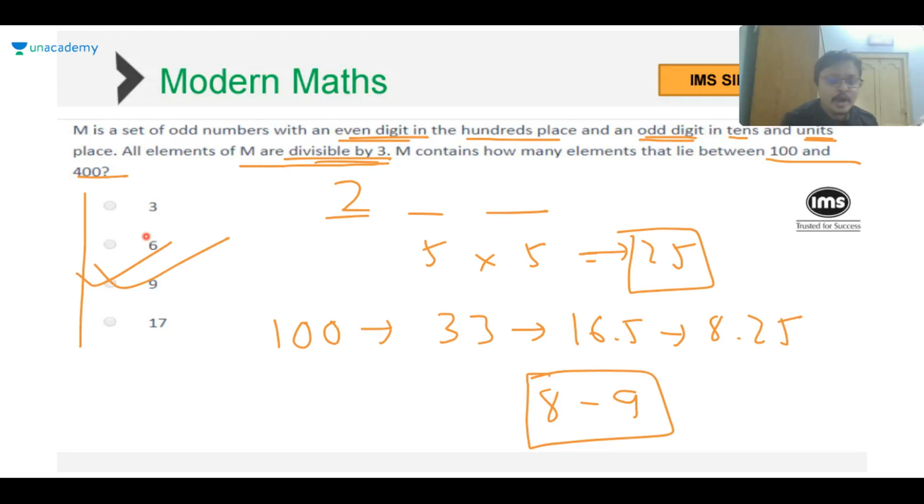Is there anything wrong with this approach?